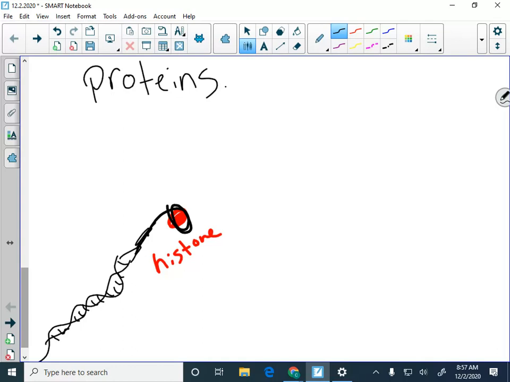Then a bunch of those histone proteins are going to join together. So now all of our DNA is wrapped around these proteins, and we've got a stronger kind of cord.